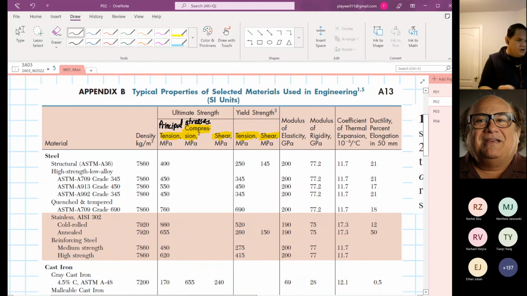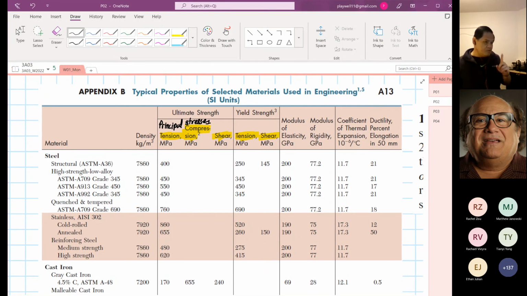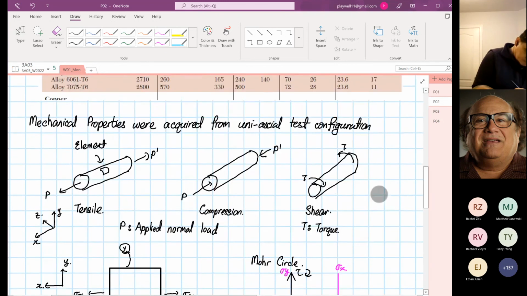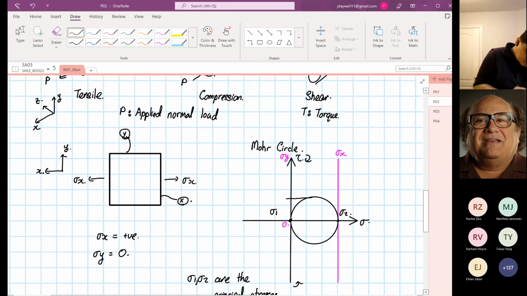The tension and compression are the principal stresses. The shear is not a principal stress, by the way. The shear is the maximum shearing stress. So you ask me, Eugene, where is the maximum shearing stress? This is where the maximum shear stress is.